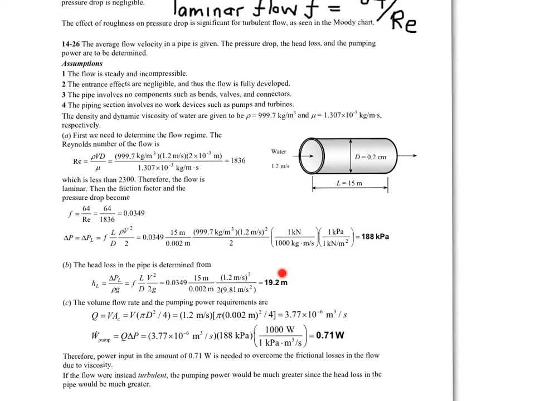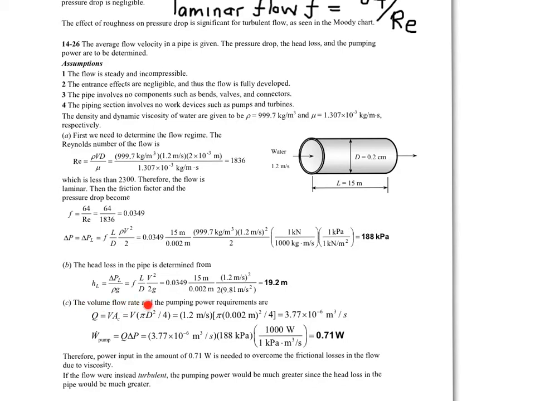It's good to reflect on this answer. It simply tells us in a visual sort of way, the energy loss, which is the pressure drop, is the same as lifting up the water a height of 19.2 meters vertically.